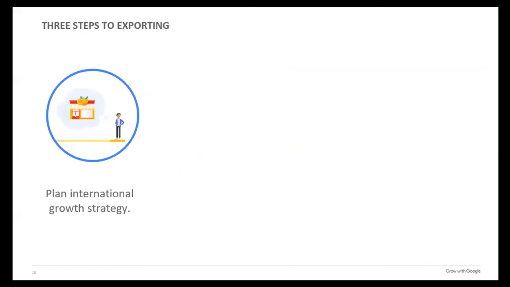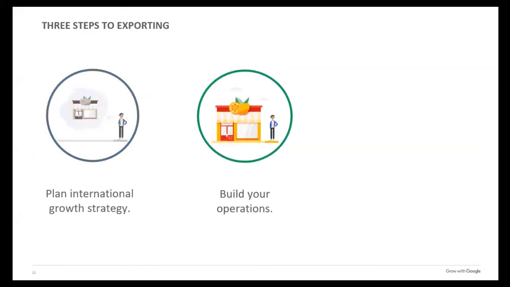Once you've decided to export, there are 3 major steps that you need to make. First, you have to determine where the best market for your business would be. Now, a recent Google Business survey found that 70% of small and medium enterprises said that they lacked the skills needed to find the best overseas markets to enter. The second thing you need to do is to plan your operations.